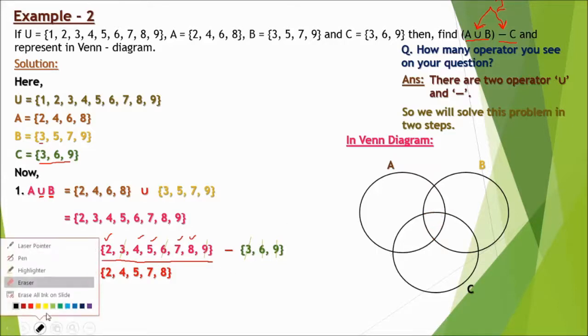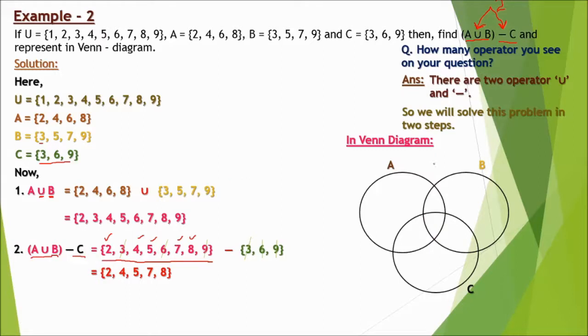Now the next region which we are going to set is this region, simply this region. So we have to find elements common only on A and B. Can we find any element common on A and B?